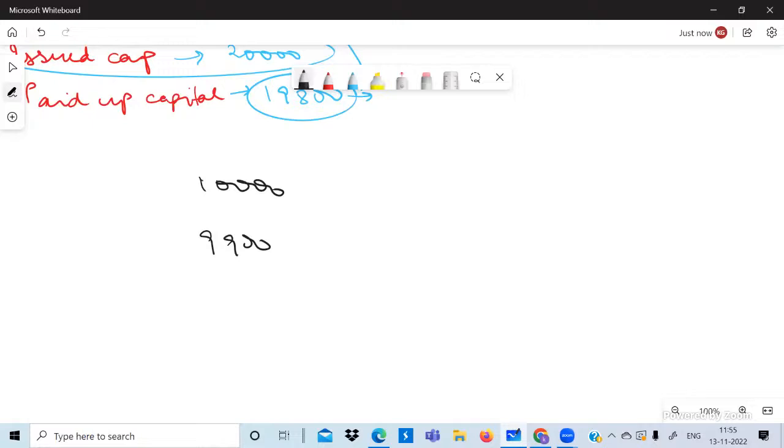Then in that case, you can revise this limit. So you have to go to the ROC, which is Registrar of Companies, get the documents filled in, pay the necessary fees, and you can change the limit. So from, let's say, 10,000, they can change it to, let's say, 25,000. So once this limit is decided, it doesn't mean that it's final. You can change it as and when required.